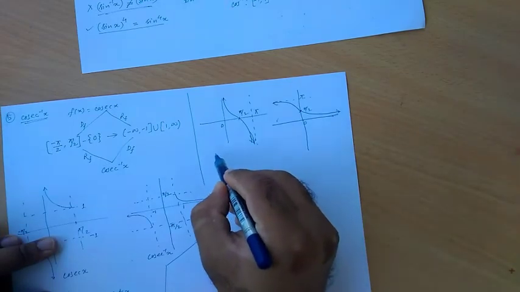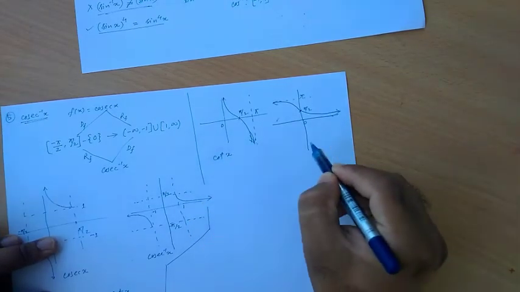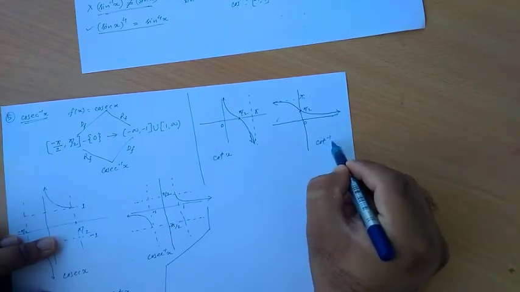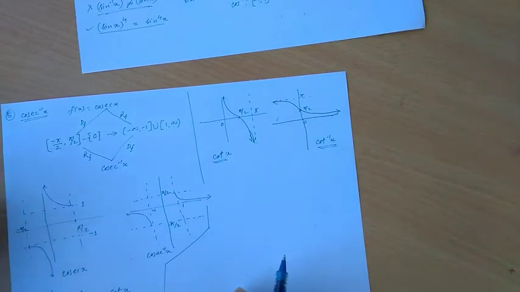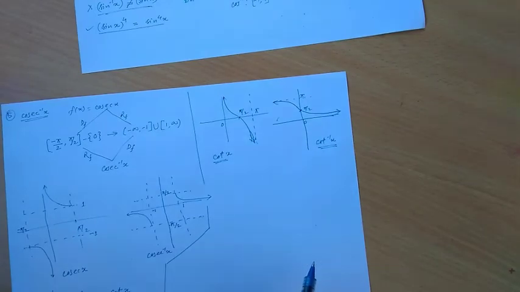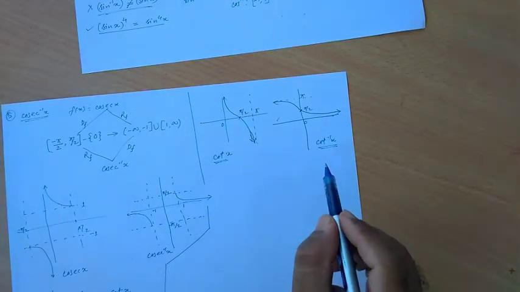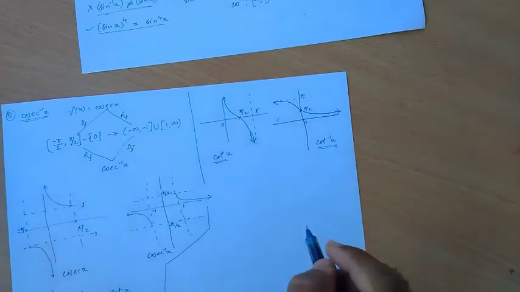So this is nothing but cot x and cot inverse x. So we have seen the function cot and the inverse of that also.